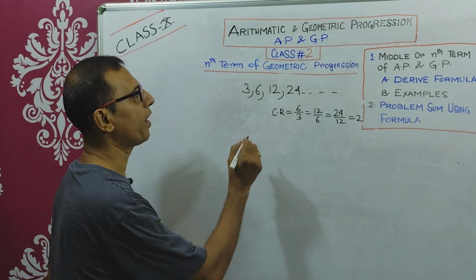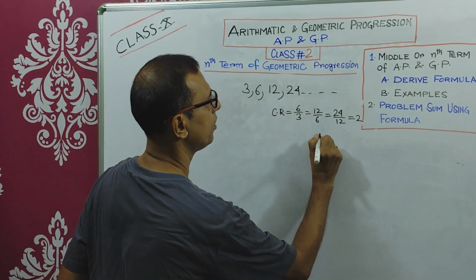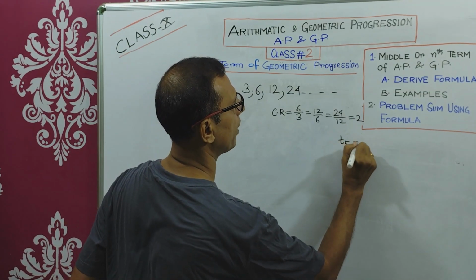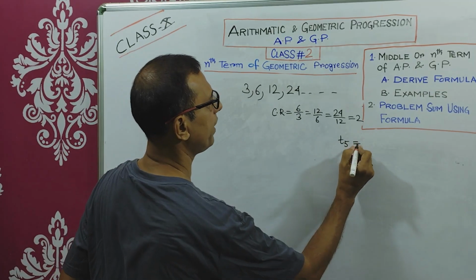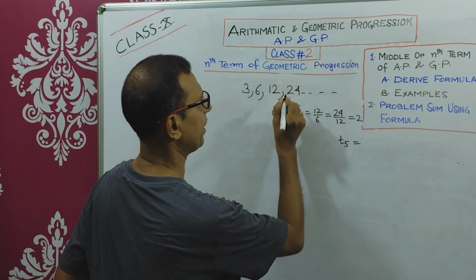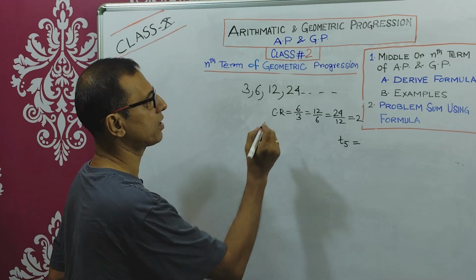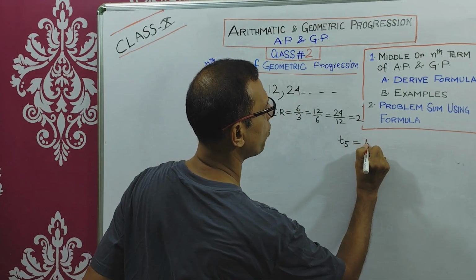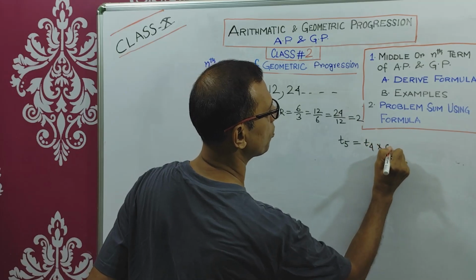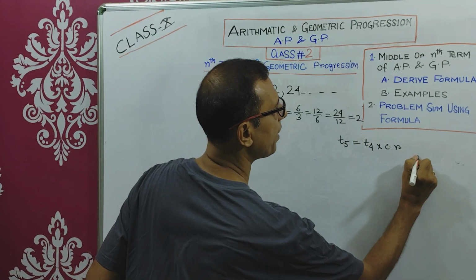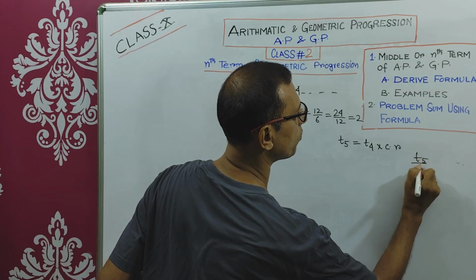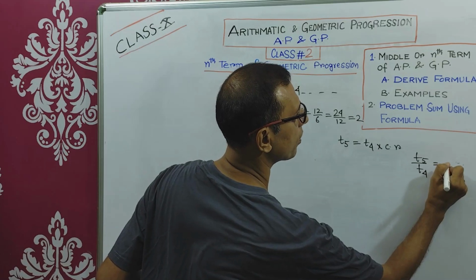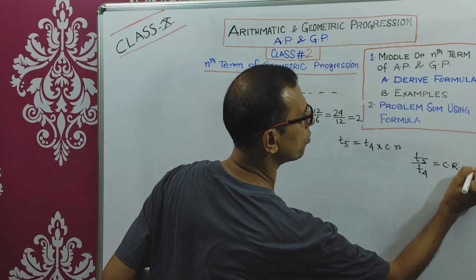Now if you are asked to find the fifth term here, you can easily find it, because everywhere the ratio is the same. That means T5 will be T4 multiplied by the common ratio, because T5 by T4, that is the formula: successor, the fifth term, divided by the fourth term equals the common ratio, which is 2.